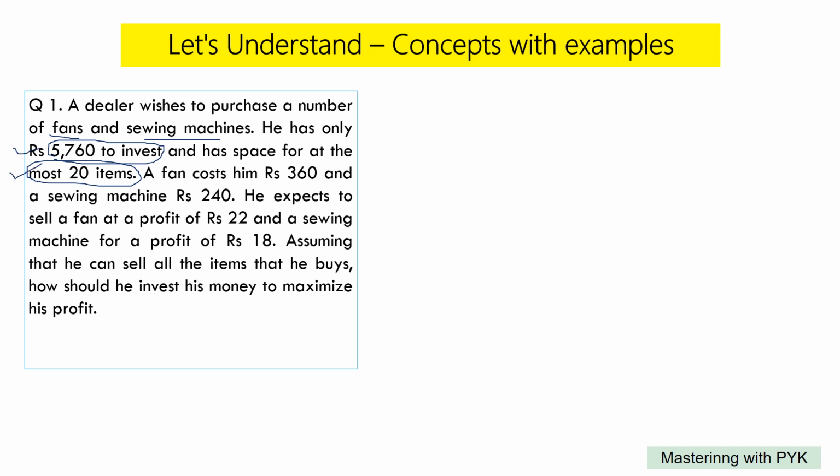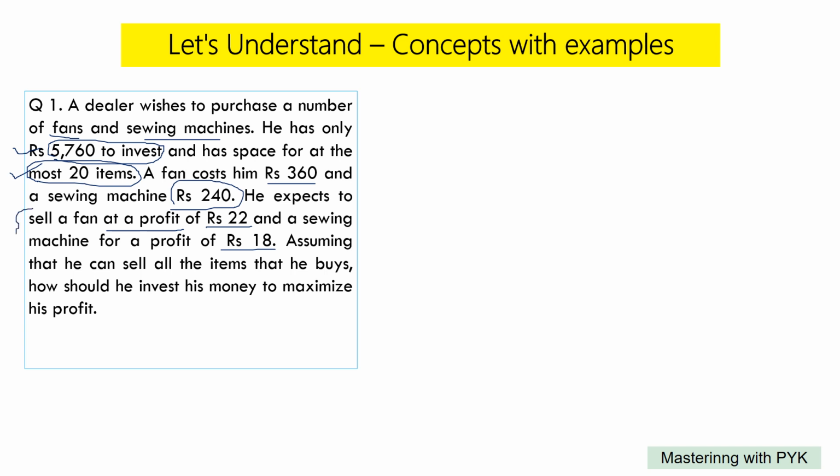A fan costs him 360 rupees. A sewing machine costs him 240 rupees. He expects to sell a fan at a profit of 22 rupees, meaning over and above the cost price he should gain 22 rupees, and a sewing machine for a profit of 18 rupees.